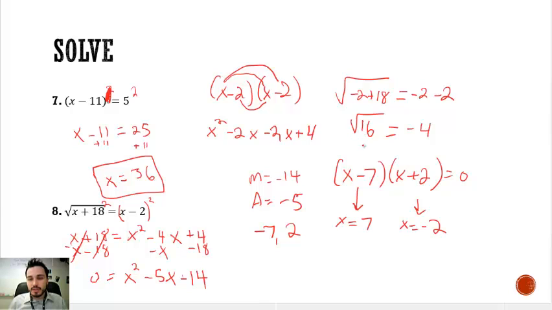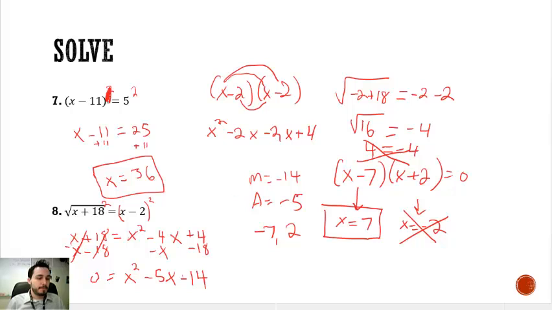The square root of 16 is 4. Does 4 equal negative 4? No. Therefore, this is an extraneous solution, and sure enough, that one does work out okay down there. But you should always check both. And they're not always going to be positive or negative, so you got to check by plugging both of them in.